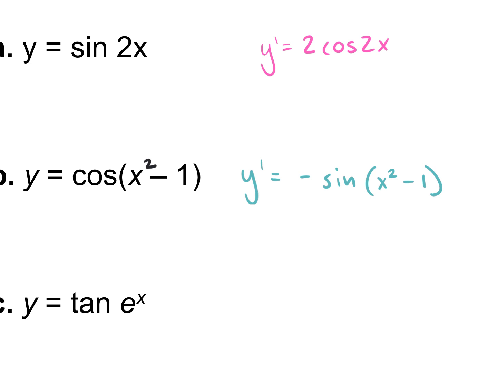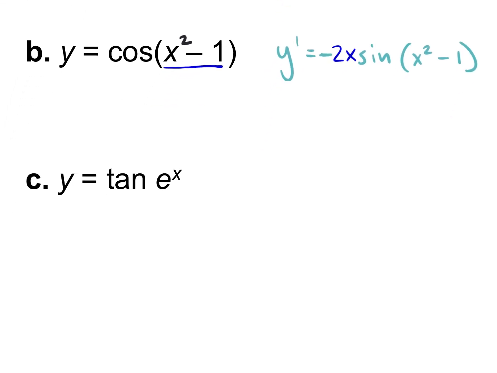And then we multiply that times our derivative of the inside. What's the derivative of x squared minus 1? 2x, awesome. I'm going to multiply that out front here. So we've got negative 2x times the sine of x squared minus 1. Any questions here?